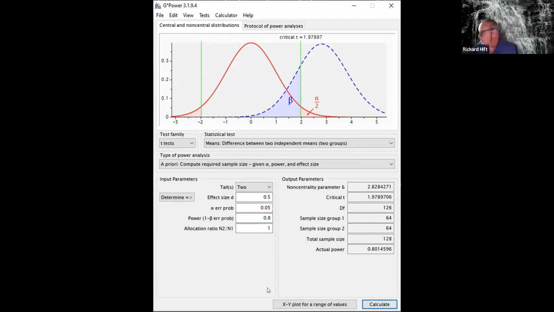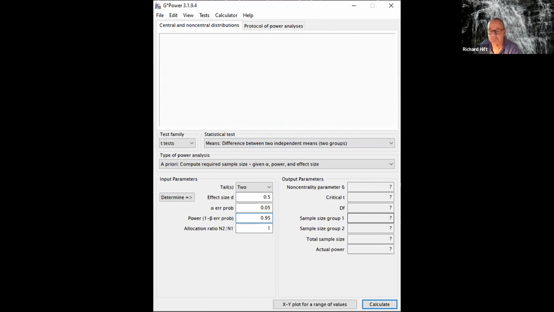Okay. Right. It's told me that I'm going to require a total sample size of 128 to have an 80% chance of showing a significance if there is indeed a difference. If I'm the very cautious type, let's say, no, I'm not prepared to gamble on 80%. I want a 95% chance I'll show it if it's there.